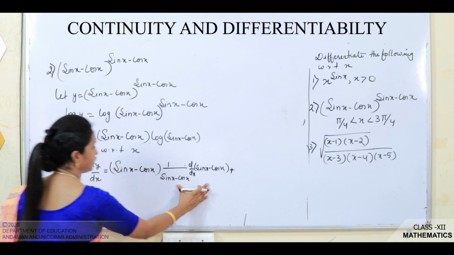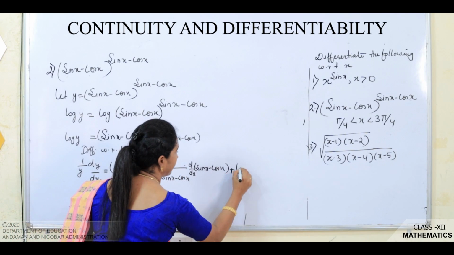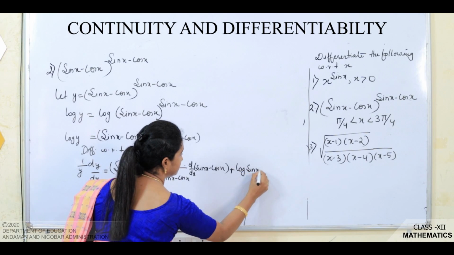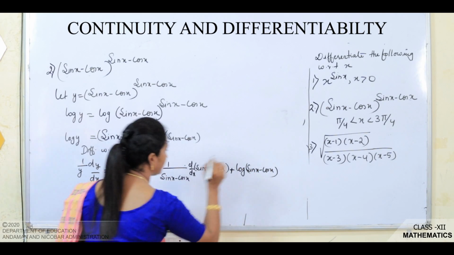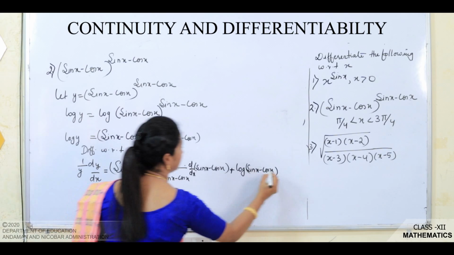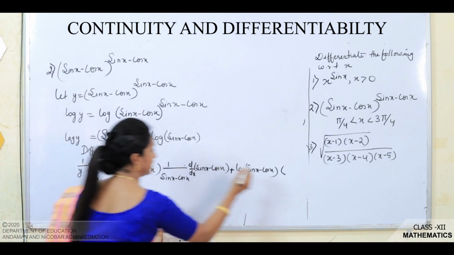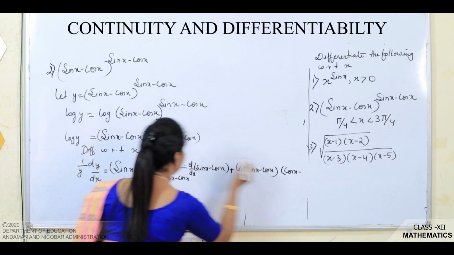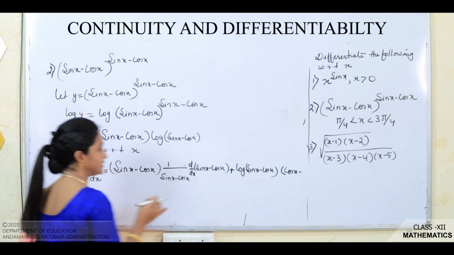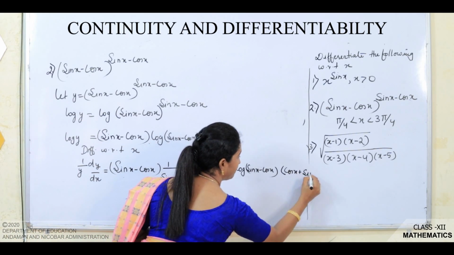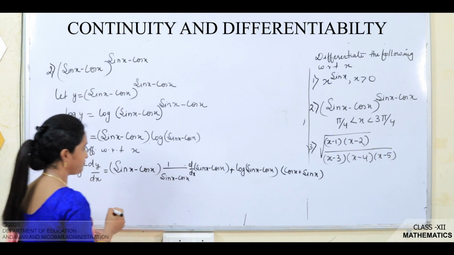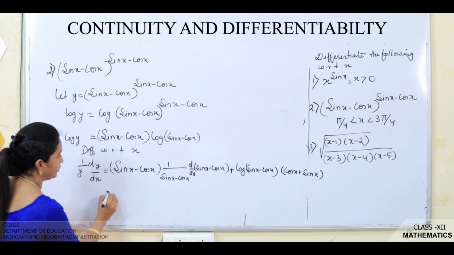First function derivative of second function, then second function into derivative of first one. What is the derivative of sin x minus cos x? Derivative of sin x is cos x and derivative of cos x is minus sin x. So you are going to get plus sin x. Clear? Now what you will do here?